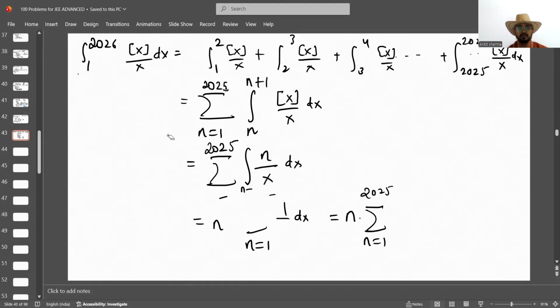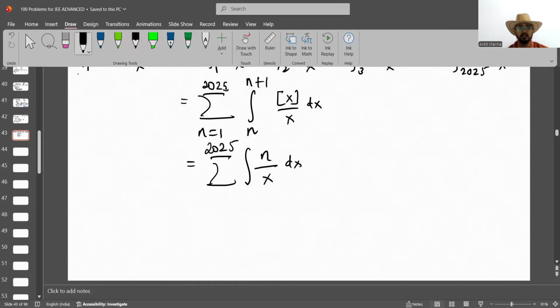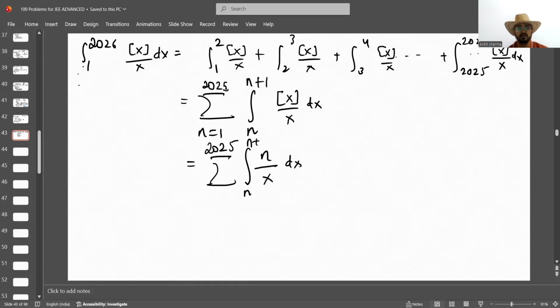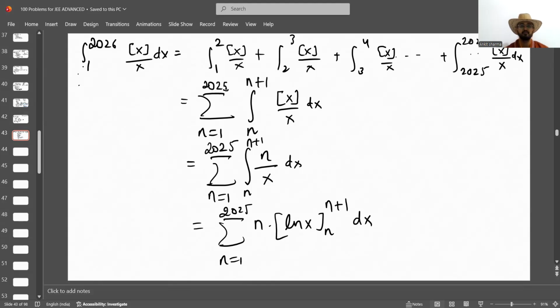I'll remove this, because the integration part is not yet taken. Then this is from n to n plus 1. So n is equal to 1 to 2025, this part will give me sigma n is equal to 1 to 2025, this n would be outside, and then ln of x, and integration goes from n to n plus 1, and then dx.